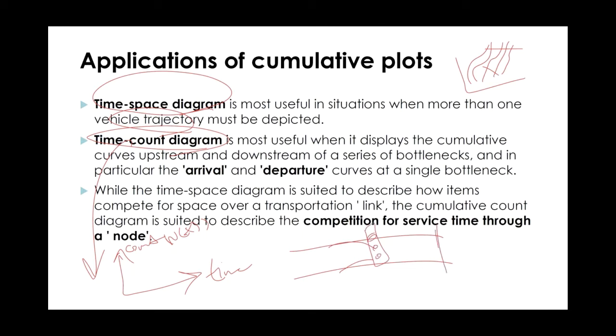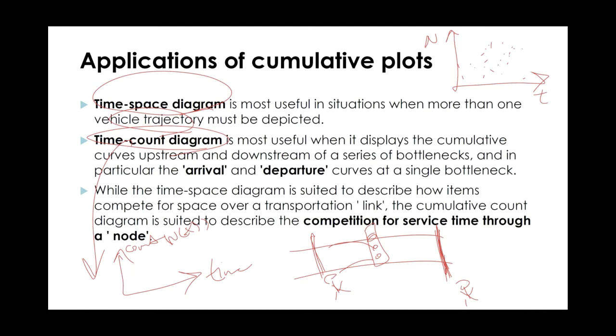So if I count the number of vehicles downstream, imagine I'm standing here, and I have my friend counting the vehicles upstream. What do we see? If I want to plot the cumulative plots downstream and upstream of a signal, what would I see? Let's try to draw that here. I have time, I have n. Let's first draw the downstream one.